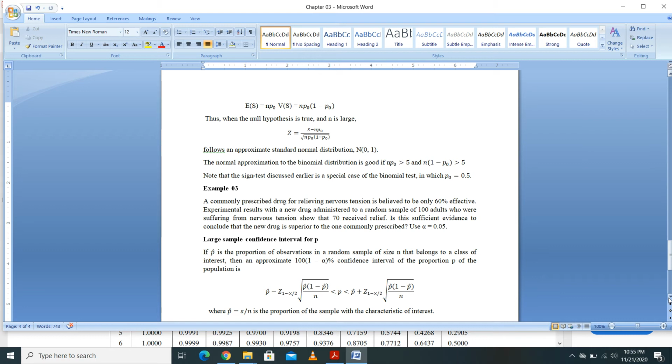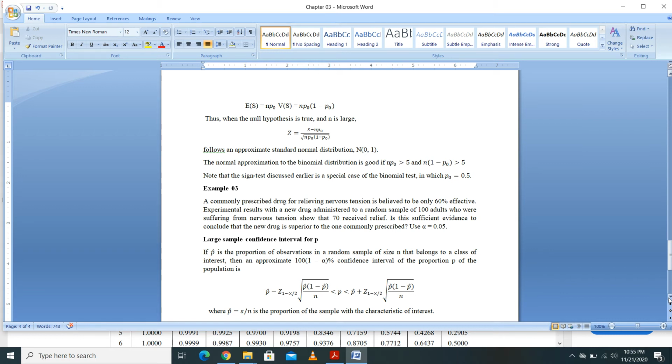So according to this information, we have to conclude whether the new drug is superior to the one that they have already been using. So that is what we have to do.